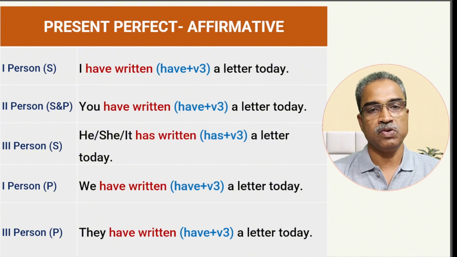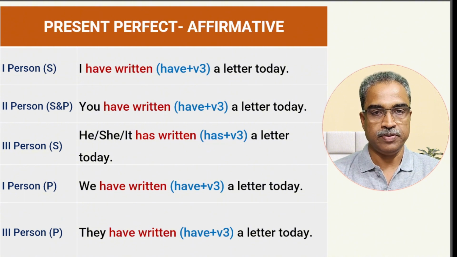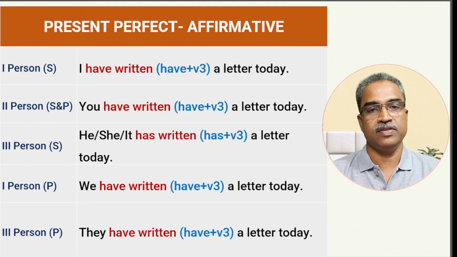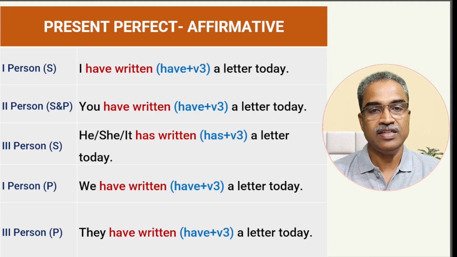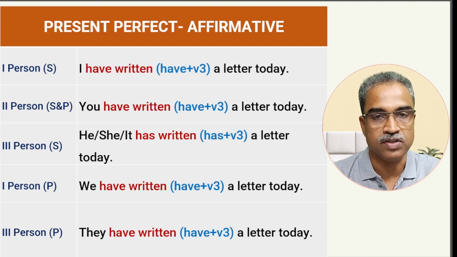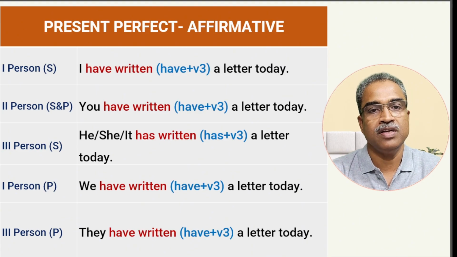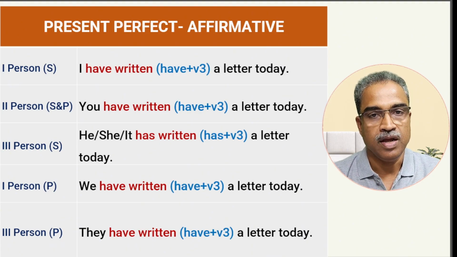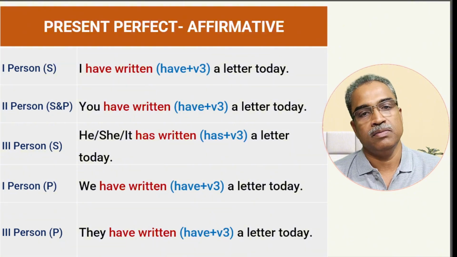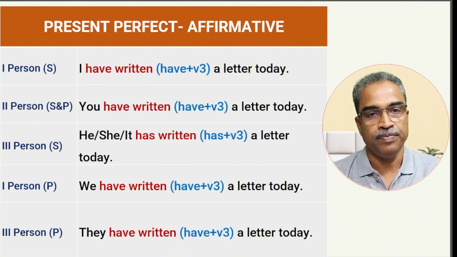And the third person singular, here we have a change. This is the only place where the subjects are he, she, or it, or any noun that can be used instead of these pronouns. Pronouns are actually meant for nouns here. So if we use a third person singular noun, pronoun or any noun, then the auxiliary verb has to be has.